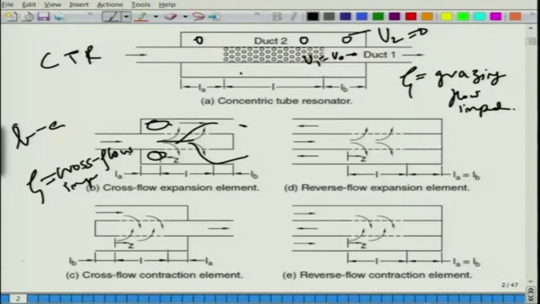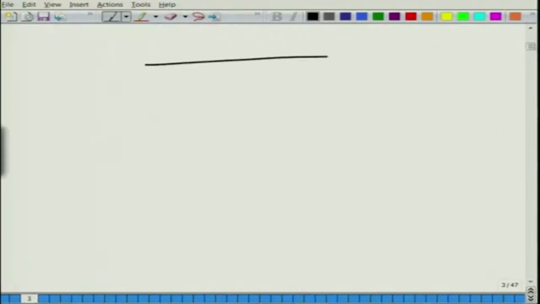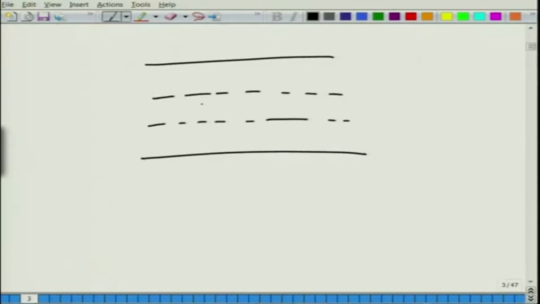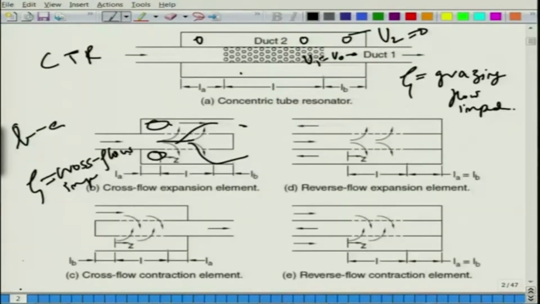So, how do we begin our analysis? Let us draw a simple figure. Basically, let us say this is your annular cavity, and inside you have a perforated section which is something like this. You have holes here. If you go back to your last slide, analysis of this particular part is simple.